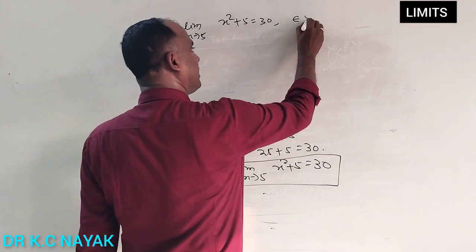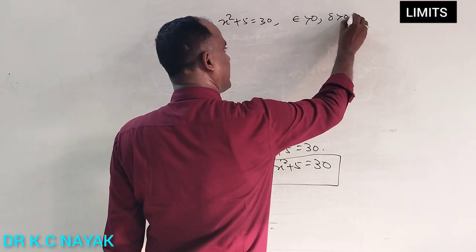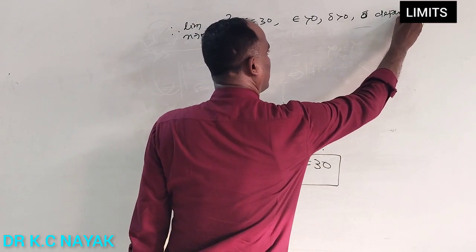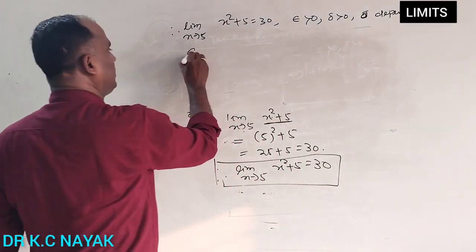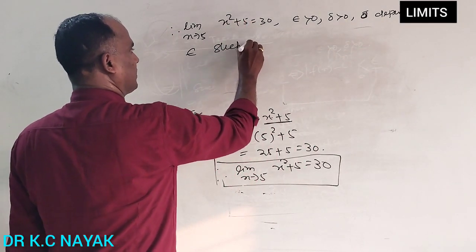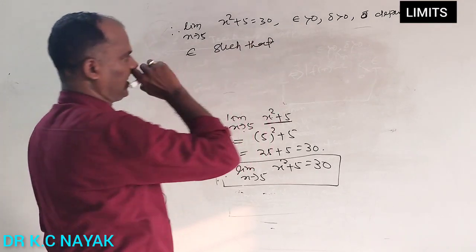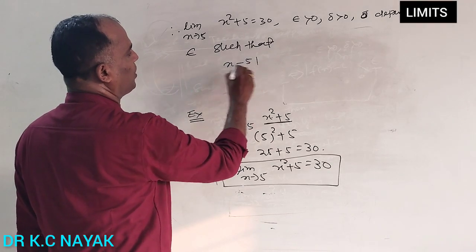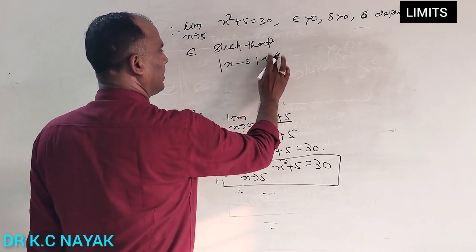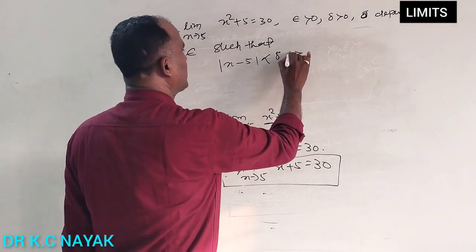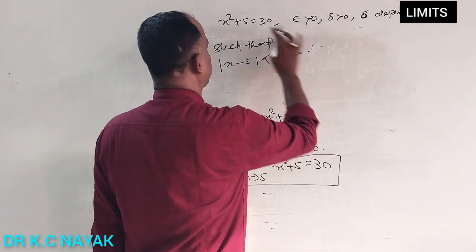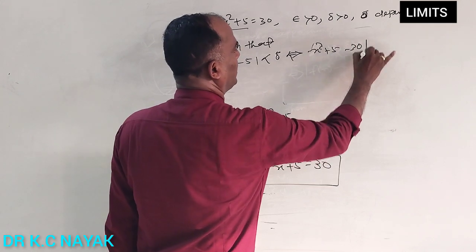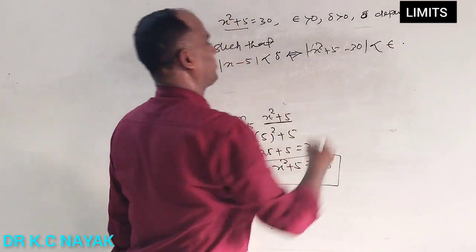For epsilon greater than 0, there exists delta greater than 0, where delta depends on epsilon, such that modulus of x minus 5 less than delta implies modulus of f of x, what is f of x, x square plus 5 minus 30, is less than epsilon.